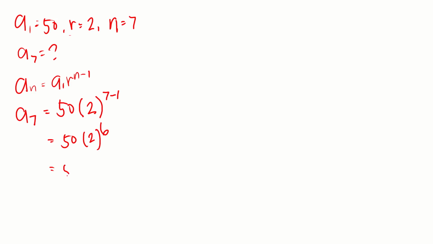So we have 50 following the PEMDAS rule. Exponent muna bago mag-multiply. So 2 raised to 6 will give you 64. And tsaka tayo mag-multiply. 64 times 50 is 3,200. So that is A sub 7.